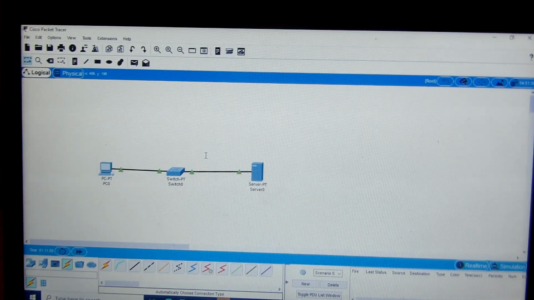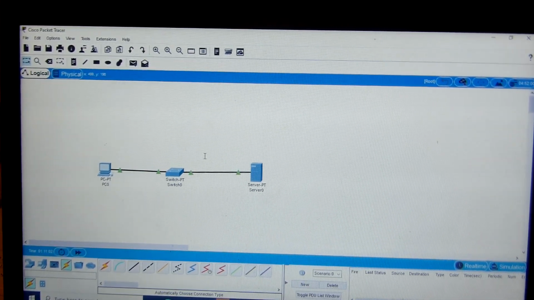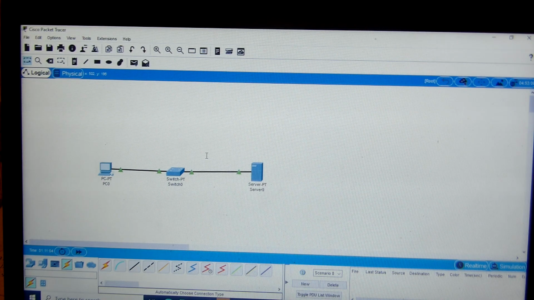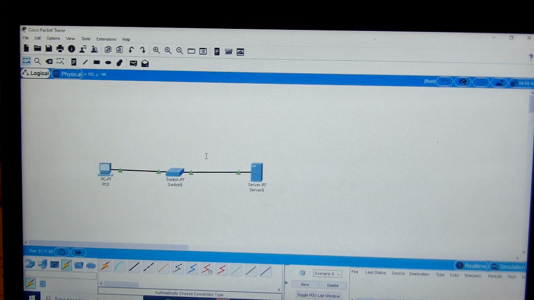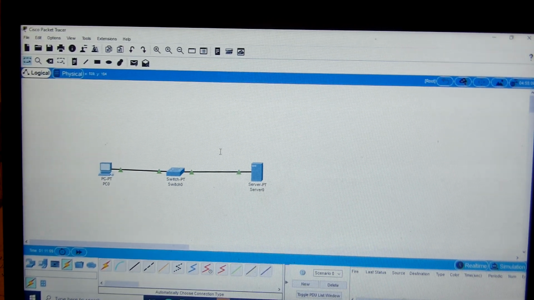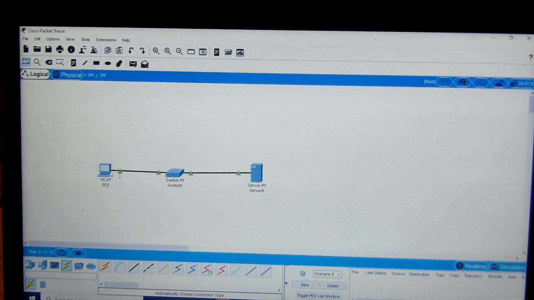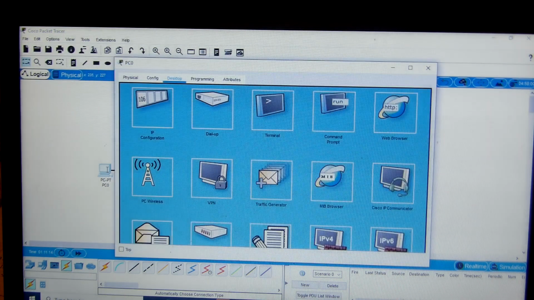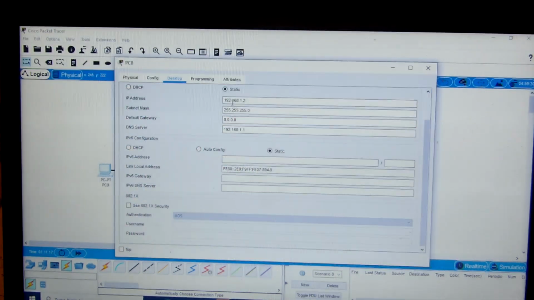Now we are going to talk about the DNS server. So what I did, I put the IP address and the default gate... I'm sorry, the DNS server.